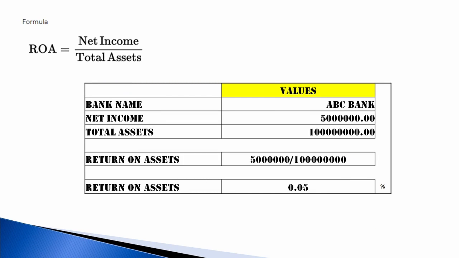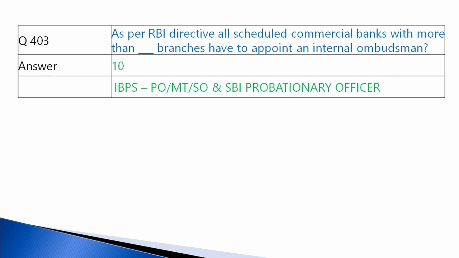So what is ROA? Net income by total assets. For example, ABC Bank's net income is 50 lakhs and 10 crores is the total assets. So the return on assets is 0.05%.